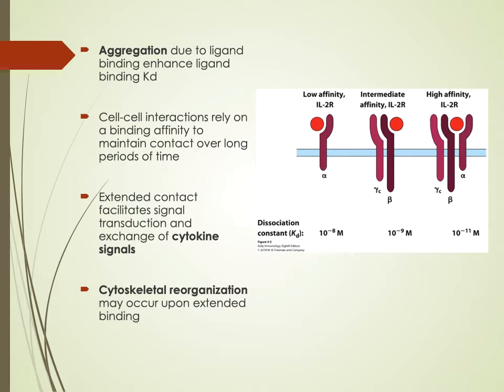If we have beta and gamma, this is going to be an intermediate affinity, but if we have all three together, this creates a high affinity to the IL-2 by the receptor. So this aggregation of components together increases that binding affinity, and binding affinity allows for longer contact time, so that you end up getting better response.